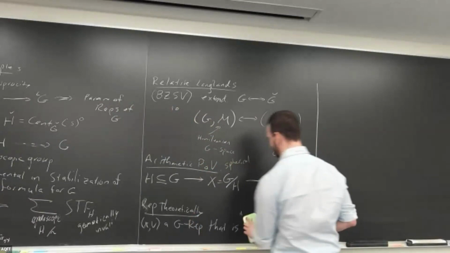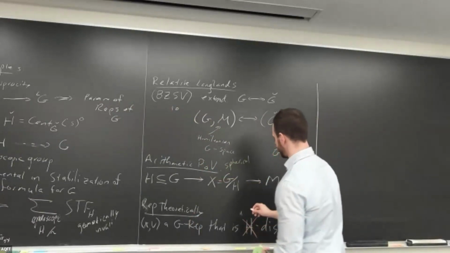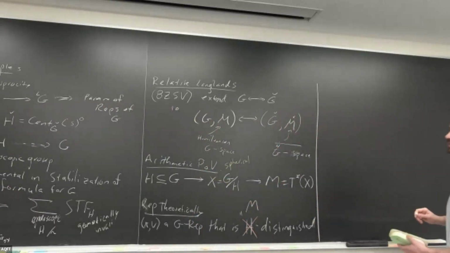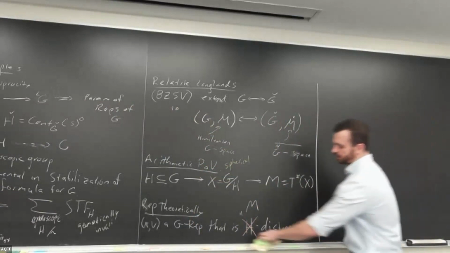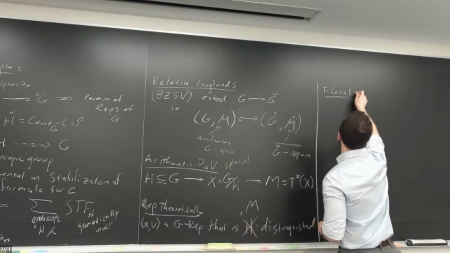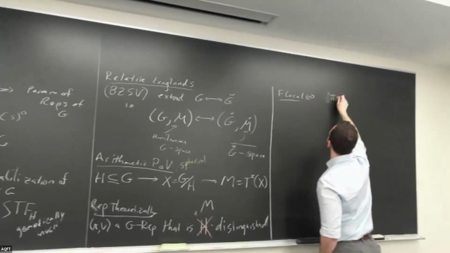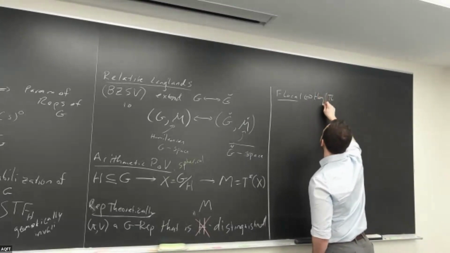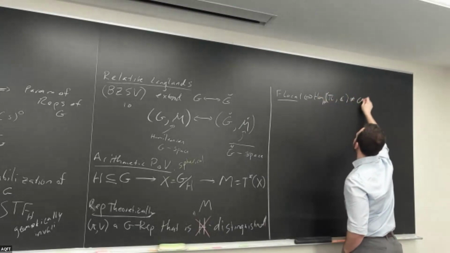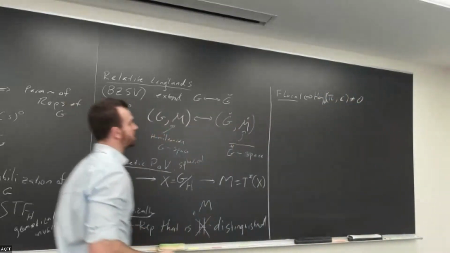Probably a better notation from this perspective would be to call it M-distinguished. And what does this mean? Well, if F is local, this means that if I look at my representation and restrict it to the subgroup H, then I might hope for an H-invariant functional. That's the sort of thing that comes up.